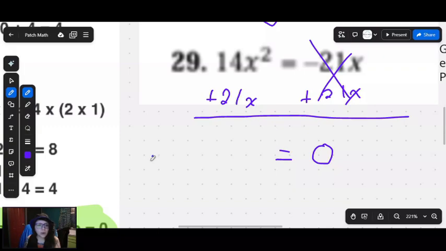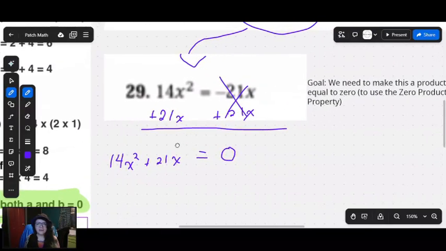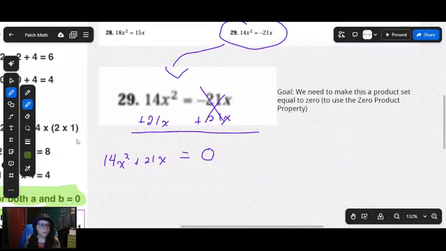Over here, we want to put this in standard form just for neatness. We're going to start with the highest exponent term there. That is 14x squared, and then plus 21x. Now, we have part of our goal done. We still need it to be set equal to 0. Set equal to 0.